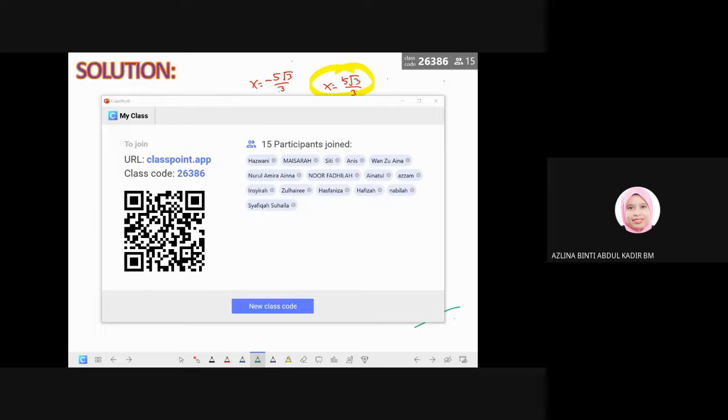Yang lain-lain kenalah join juga. Kata laju kan.